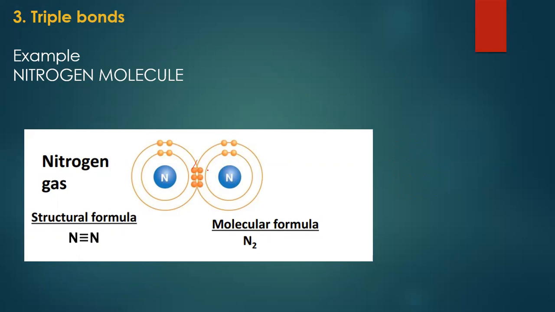So we can see that they bond by sharing 6 electrons. As a result, they form a triple bond. So as you can see, this is also a molecule of nitrogen, and then this is the structural formula for nitrogen.